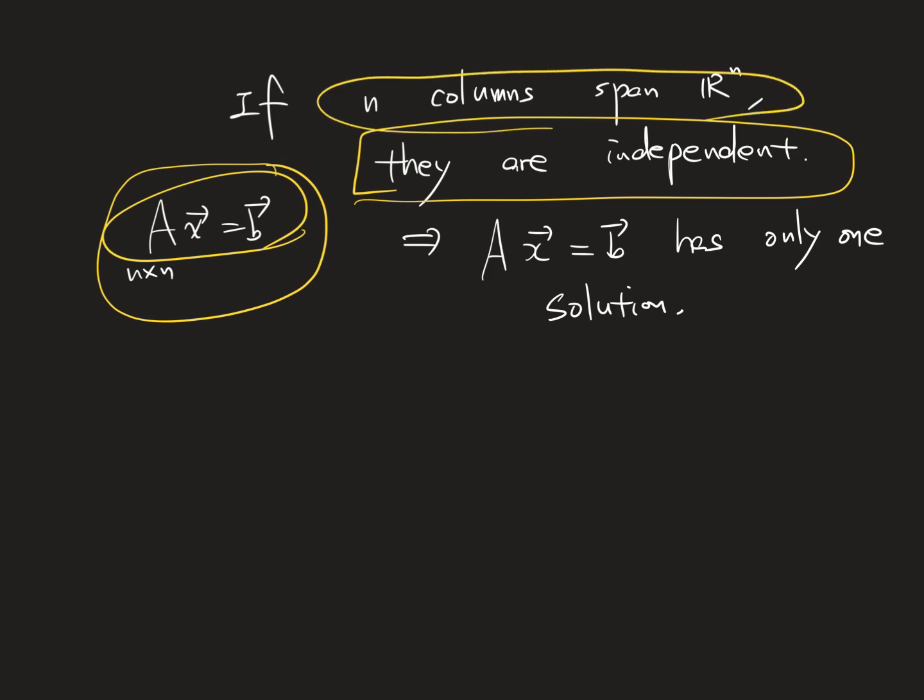So we can see that Ax equal to b has only one solution.